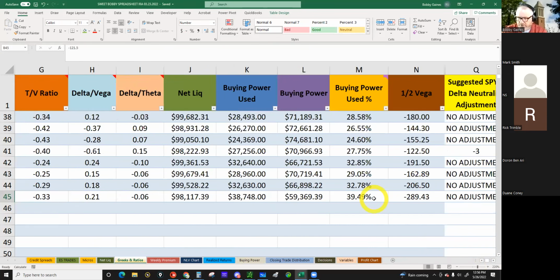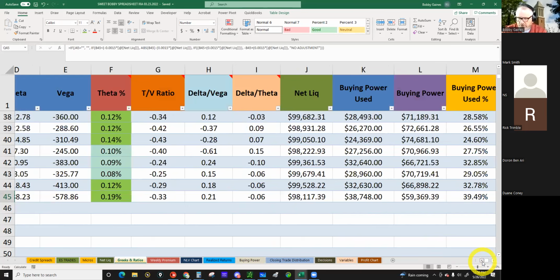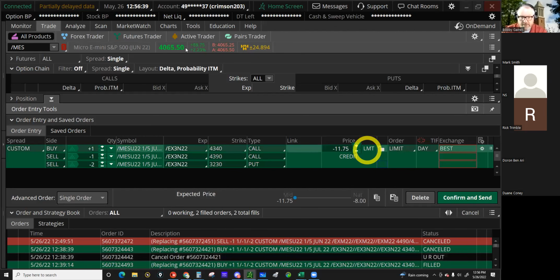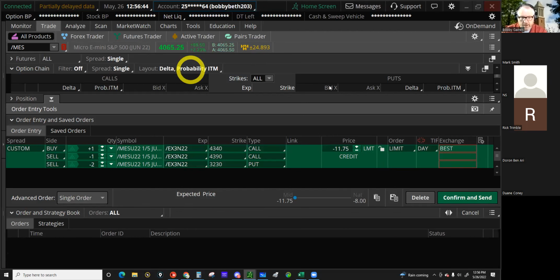We're at 39%. We should be at 35%. So we're close, but I think I'll still do two tranches in this account. So let's see if we can get those. So 1175 over here. Let's go to the right account, which will be probably 203. And let's do two tranches.